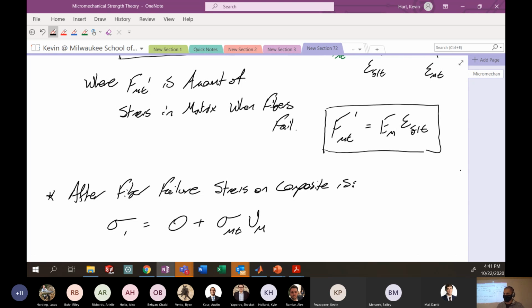Our fibers failed. They are no longer carrying any stress, so whatever is left on the composite after that is entirely held by the matrix.